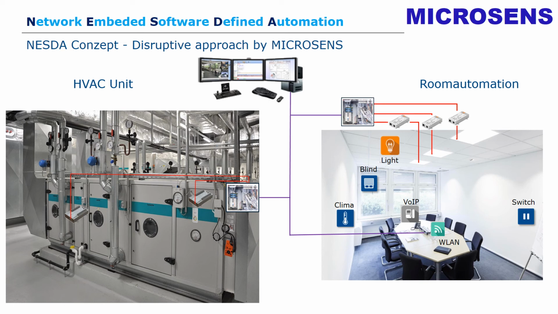So what you can see here is very nice. We have one developed smart distribution box used in two totally different application cases. In one case, this box is a room automation cabinet. In the other case, this box is a ventilating unit cabinet. And if you see this picture, you understand that planning of cabinets will be simplified to the absolute minimum.